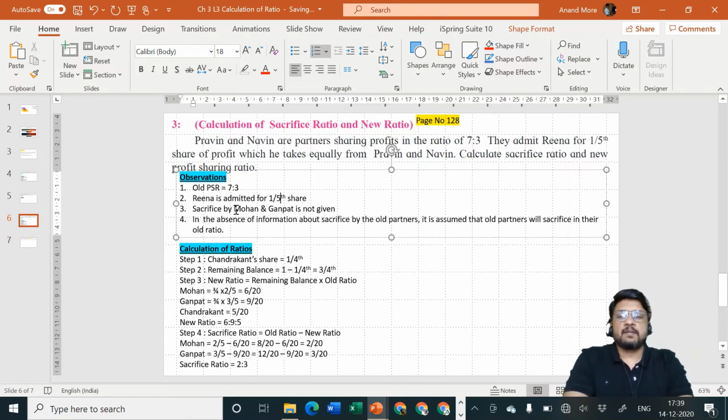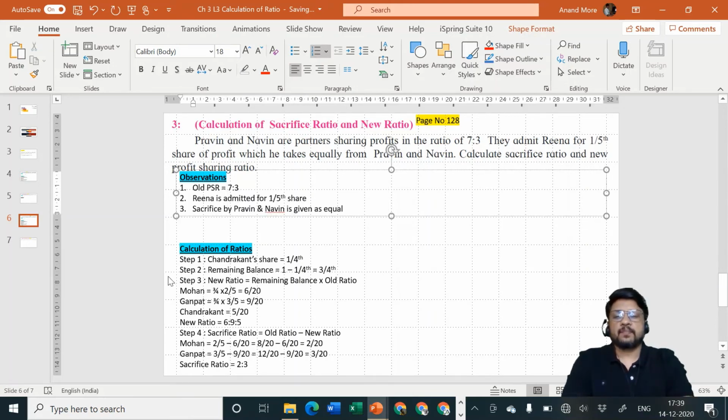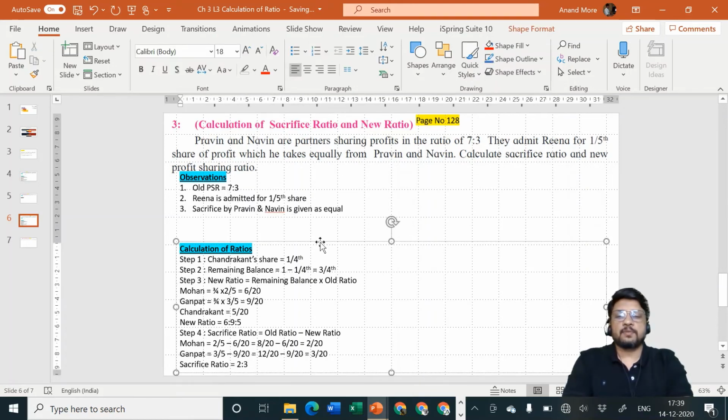Sacrifice by Praveen and Naveen is given as equal. So I need not make any assumption. I'll have to work on this particular thing. Now I'll go for calculation of ratios.